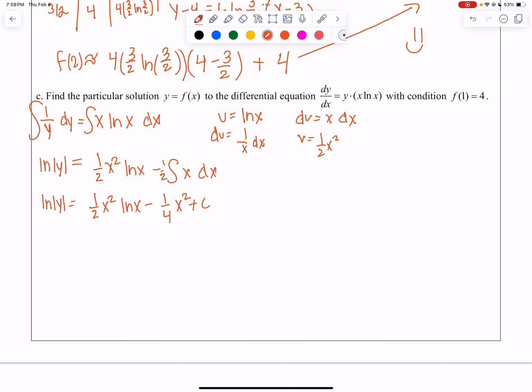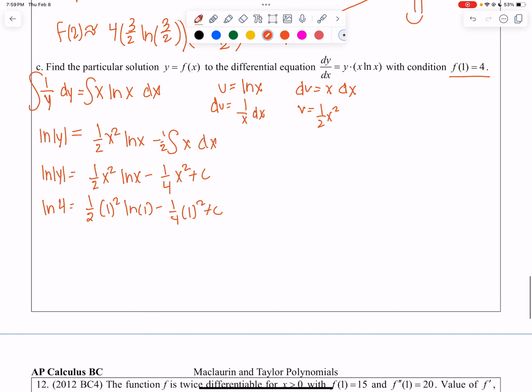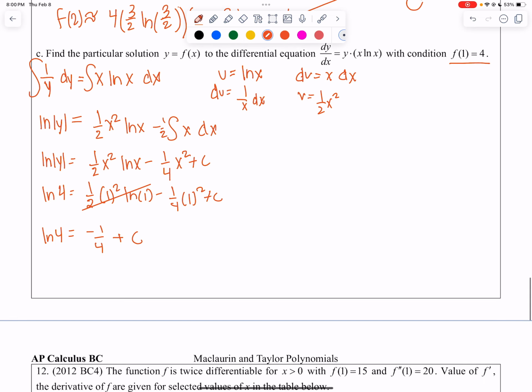I'm going to plug in my initial condition now of 1 and 4. So now I have ln of 4 is equal to 1/2 times 1 squared ln of 1 minus 1/4 times 1 squared plus c. Well, ln of 1 is 0, so that just cancels out. So now I have ln of 4 is equal to negative 1/4 plus c, which means that c is ln of 4 plus 1/4.